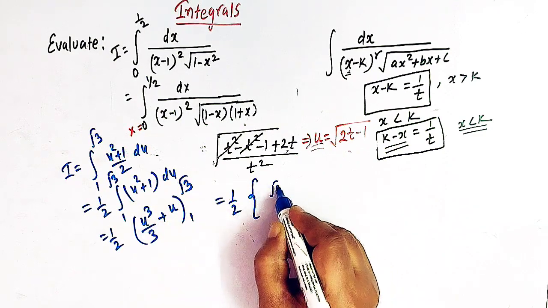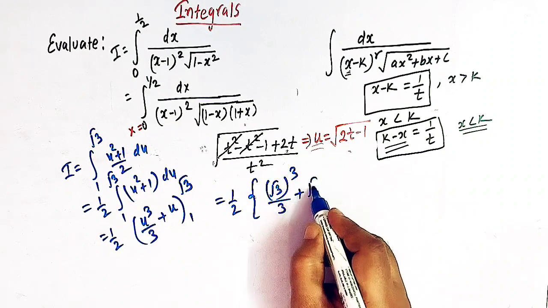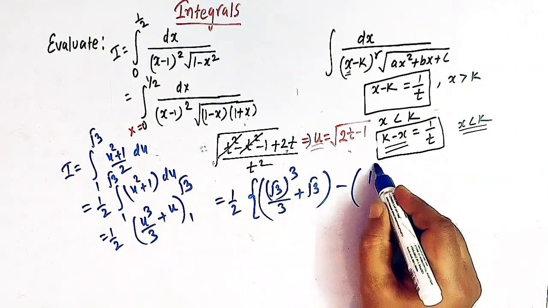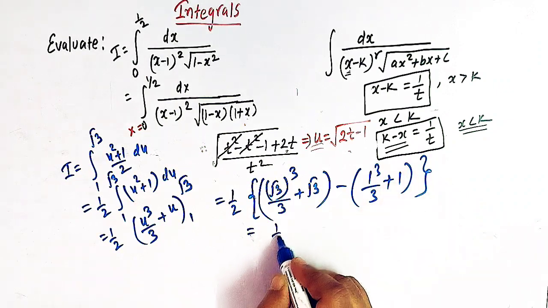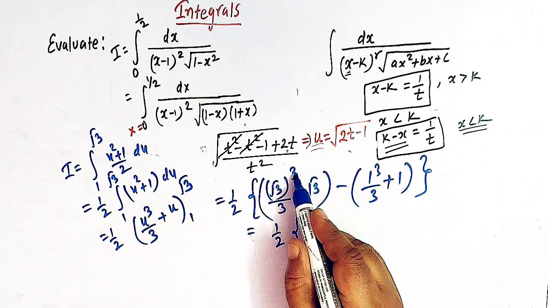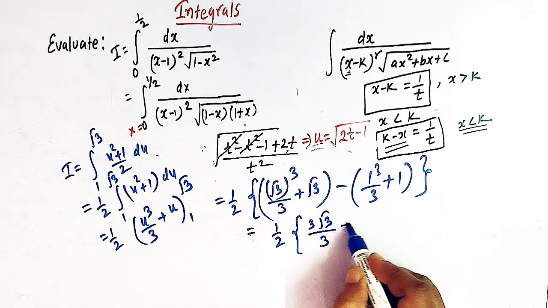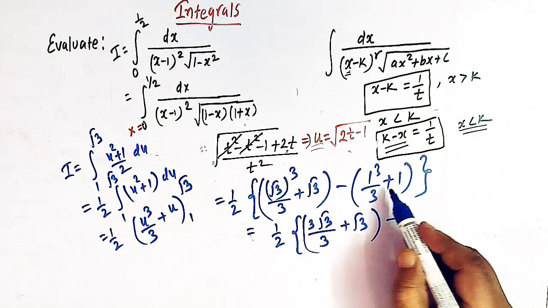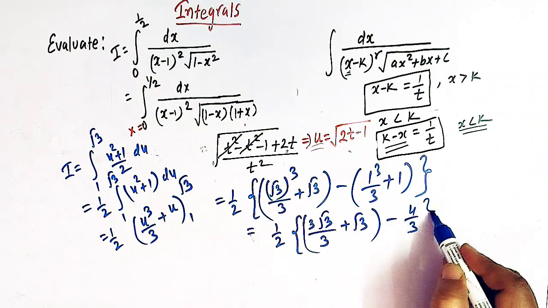So we have (square root of 3) cube over 3 plus square root of 3, and then we have 1, so this is 1 cube over 3 plus 1, right? So we can simply solve these two expressions. So this is 3 root 3 over 3 plus square root of 3, and then here we have 1 over 3 plus 1, that is equal to 4 over 3.